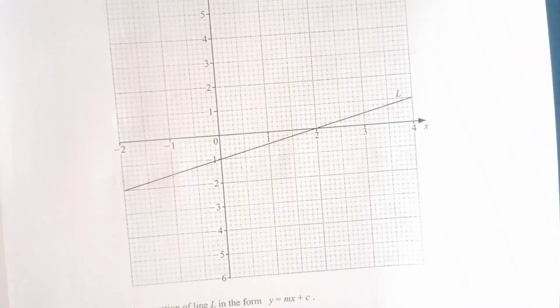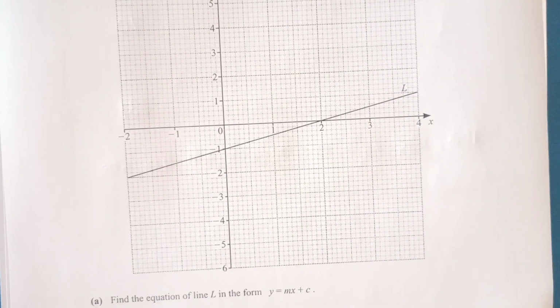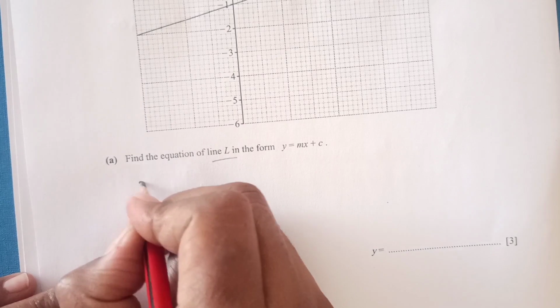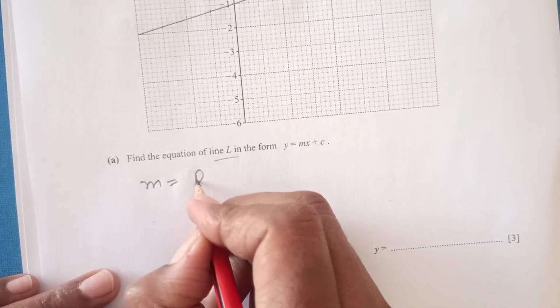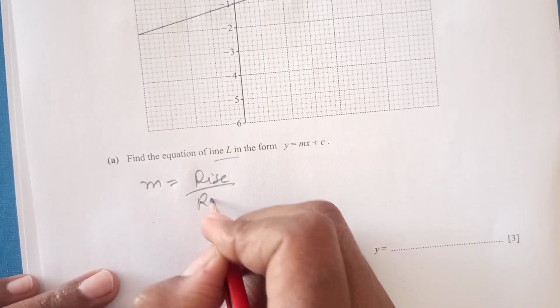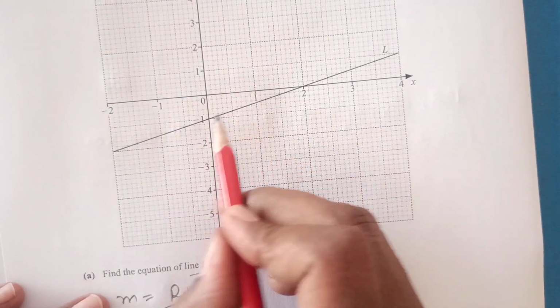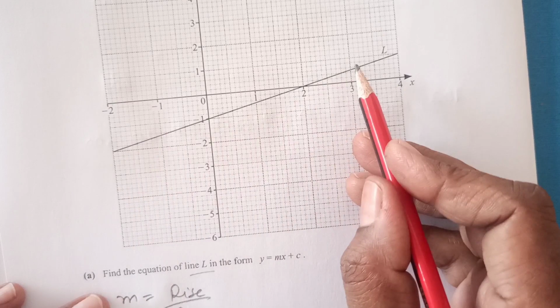Now the next one is the line L shown on the grid. Line L is here. Find the equation of line L in the form y equals mx plus c. So now we need the value of m and the value of c. m is the gradient, which is rise over run, right? You can take any 2 points. The rise is positive because it's going upward.